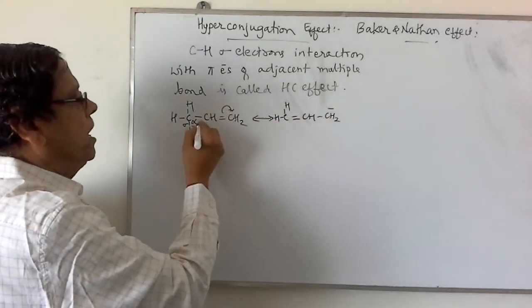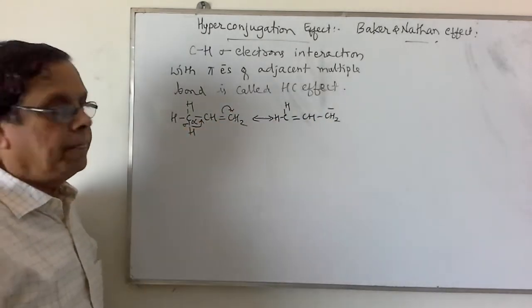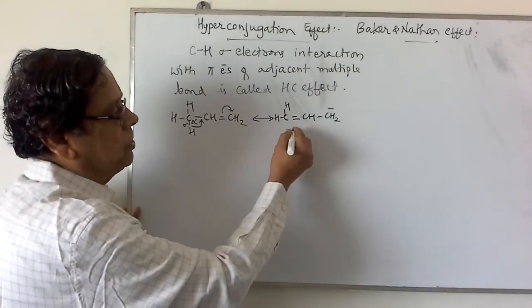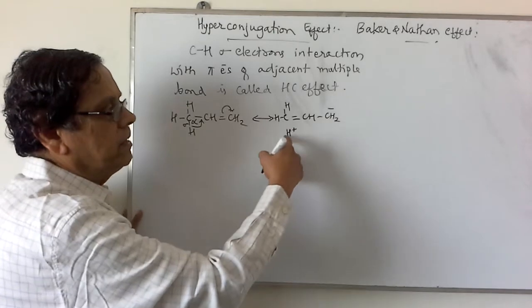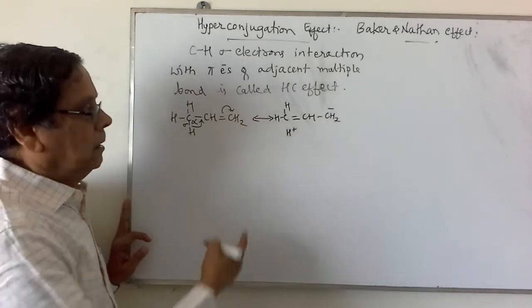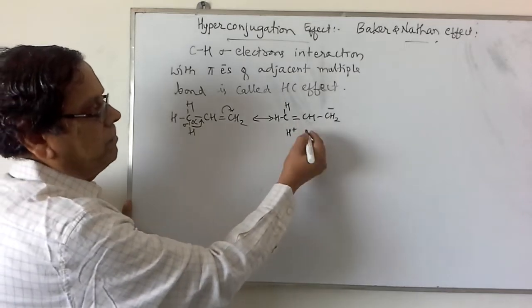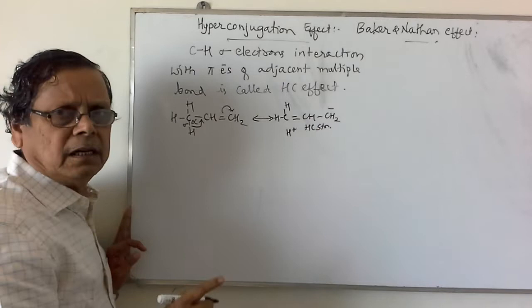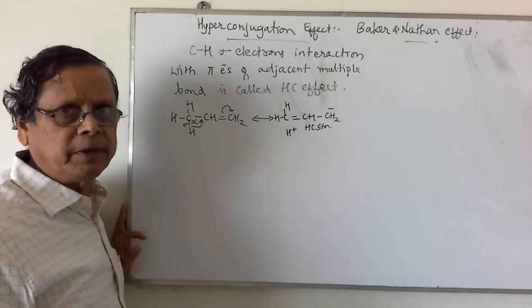The hydrogen atom, losing the electron density, will get the positive charge but still remains close to this ion. So this structure is named the hyperconjugation structure.